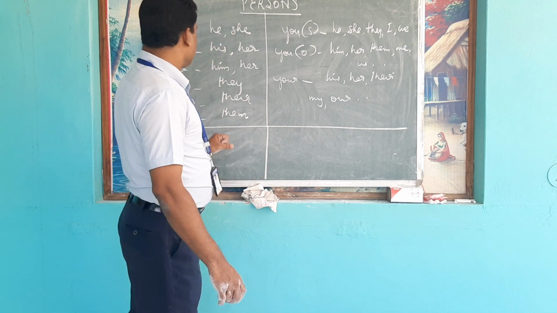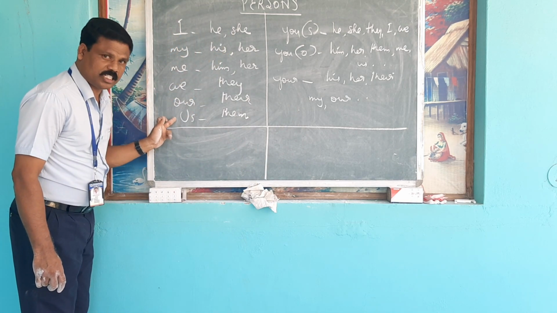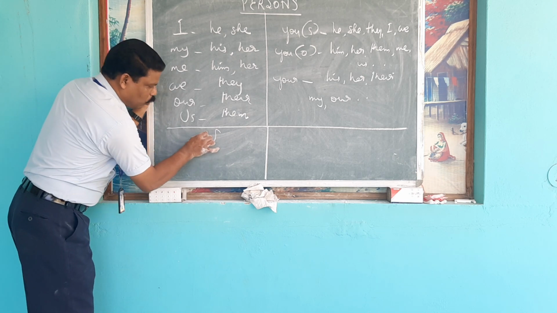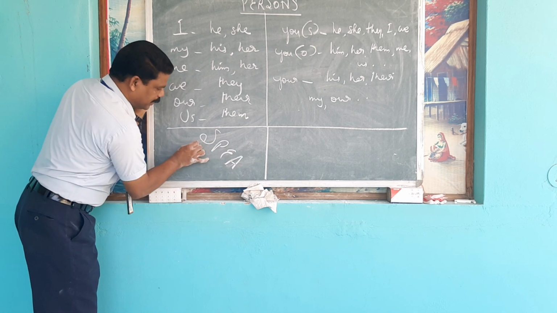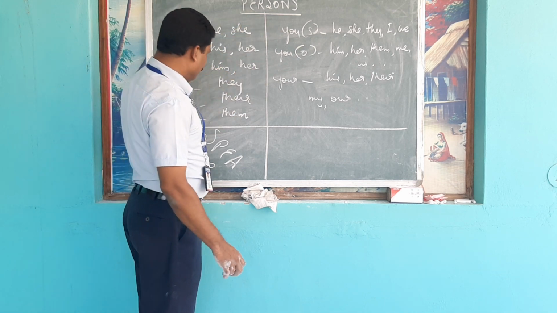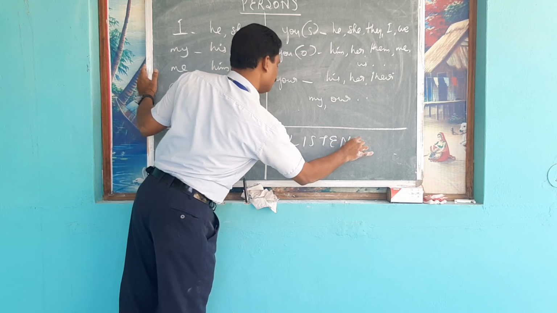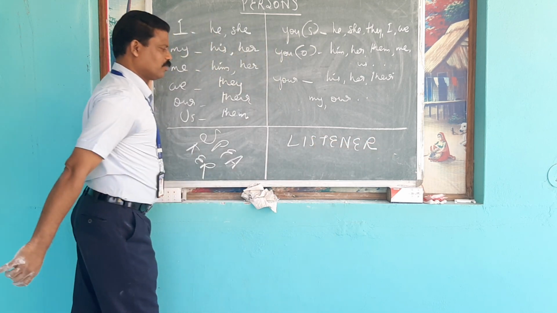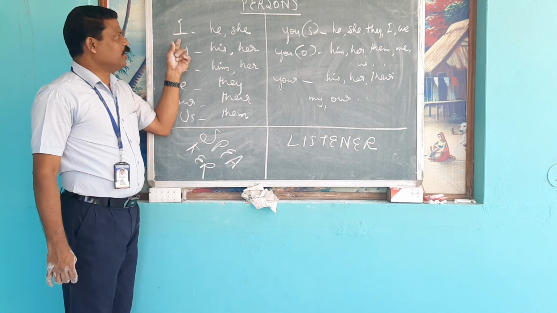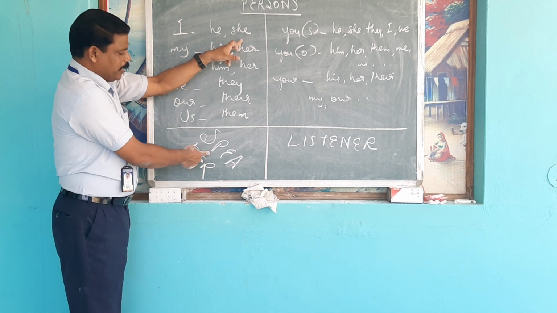Always remember, I, my, me, we, our, us will be changed according to the speaker, and you and your will change according to the listener. And you know that I will change into he or she. तो देखना speaker.